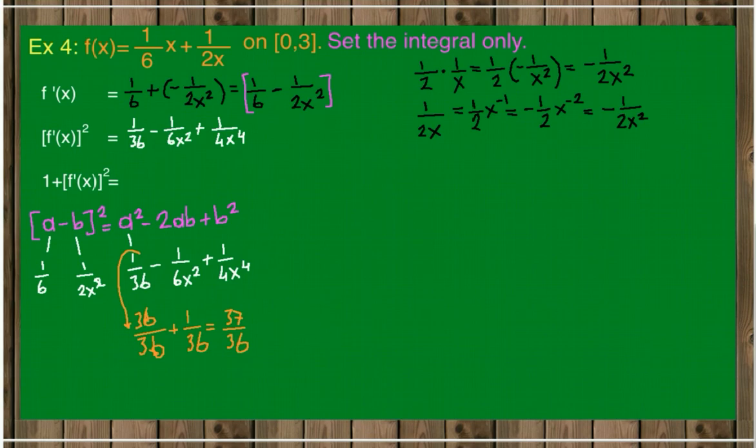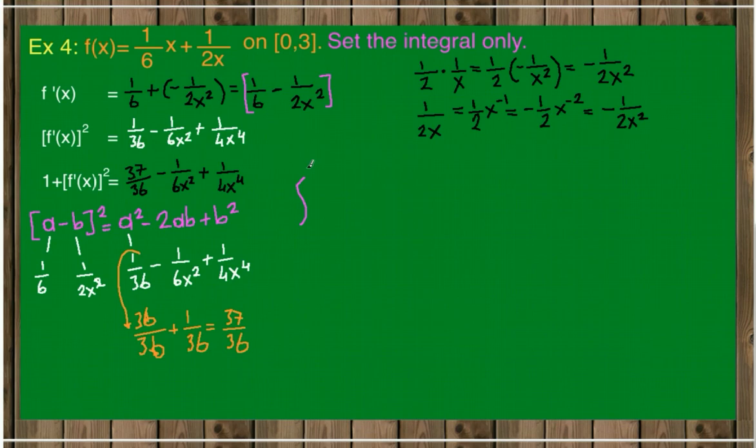And we can rewrite all of them as 37 over 36 minus 1 over 6x squared plus 1 over 4x to the 4th. So our ingredients are ready, so we can set the integral.